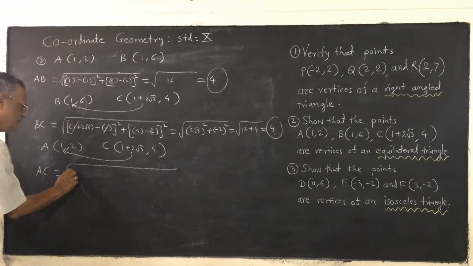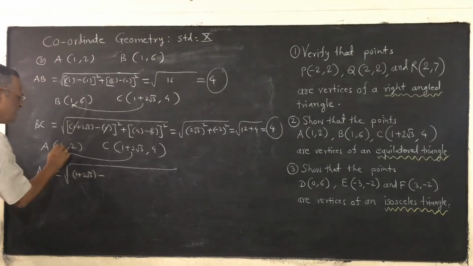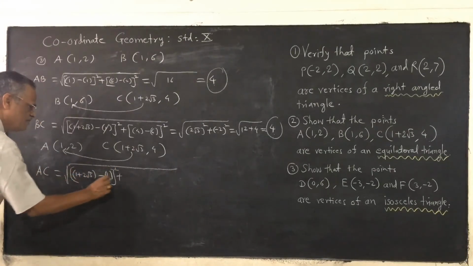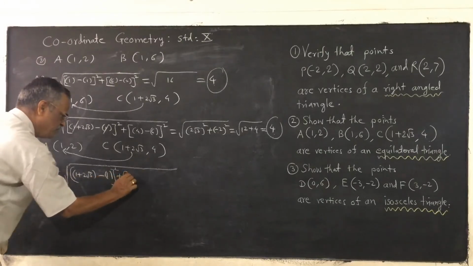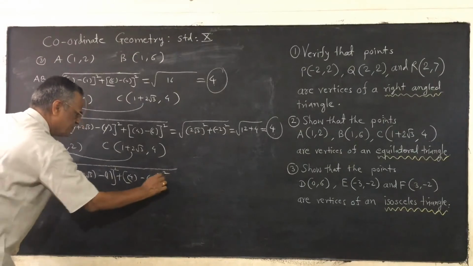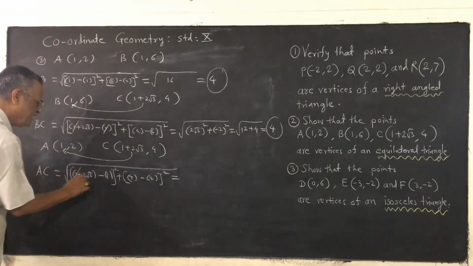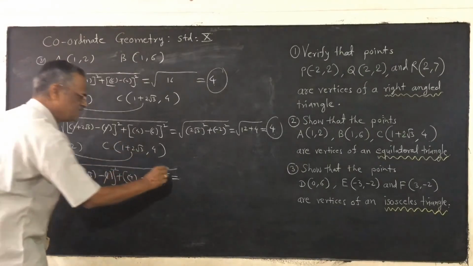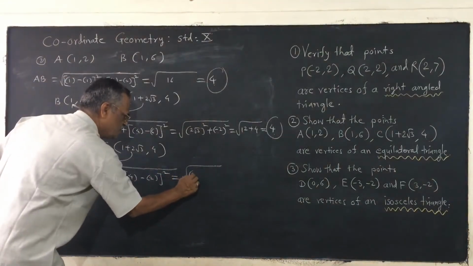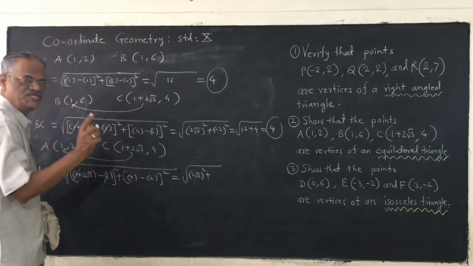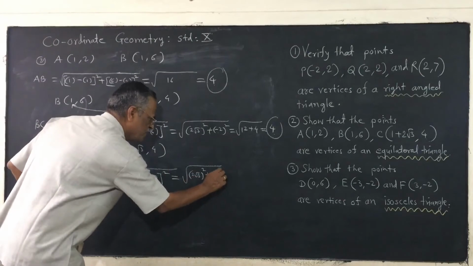So you can write (1 plus 2 root 3 minus 1) bracket square plus (y2 is 4 minus 2) bracket square. The cancellation is there, and you know that 2 root 3 square, plus 4 minus 2 is 2, so it is 2 square.